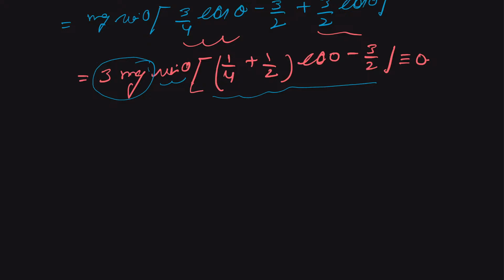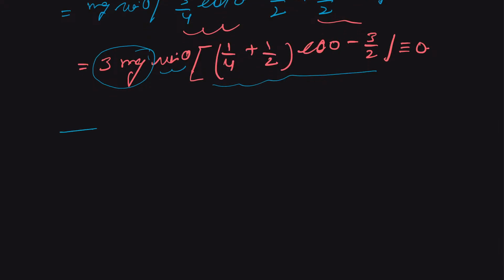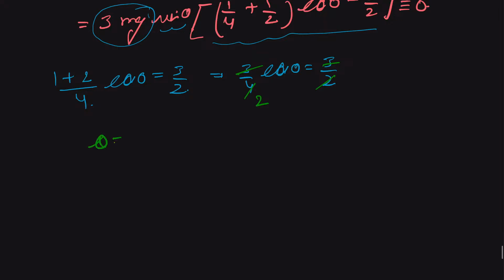Therefore, we can say that 3 by 4 cos of theta is equal to 3 by 2, 3 and 3 cancel out, and therefore we get theta is equal to cos inverse of 2.